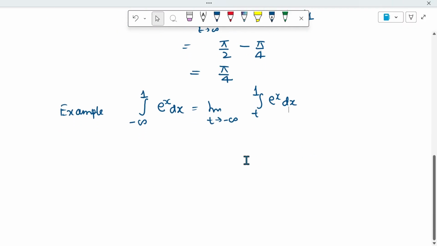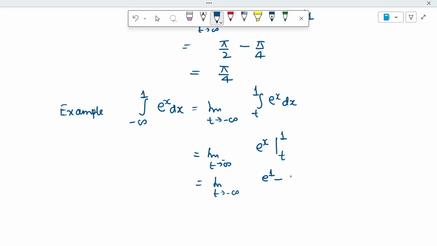As we know, the integration of e raised to power x dx will be e raised to power x, and we have a limit here, with lower limit t and higher limit 1. So this will be limit t tends to minus infinity, e raised to power 1 minus e raised to power t.